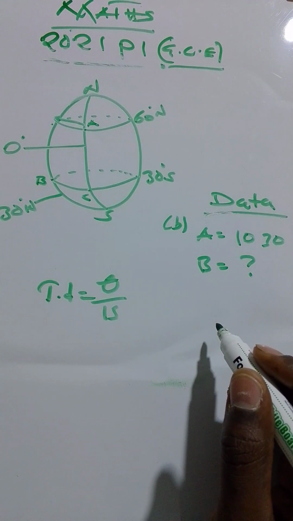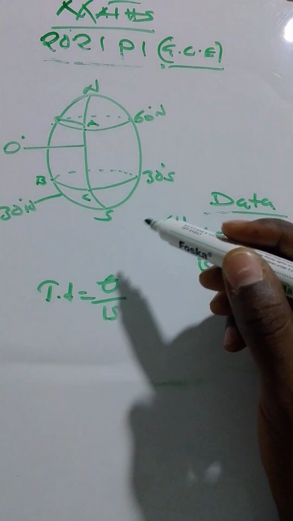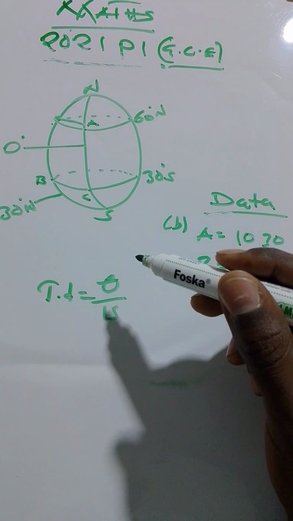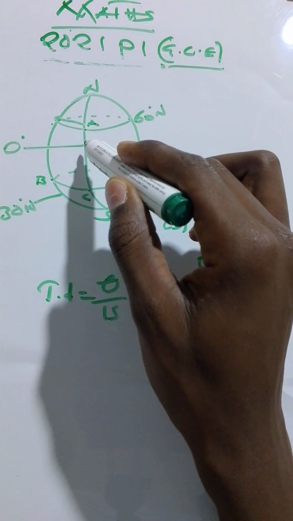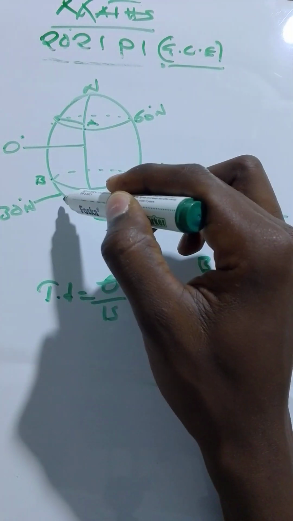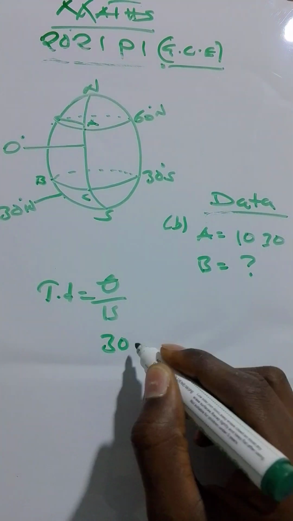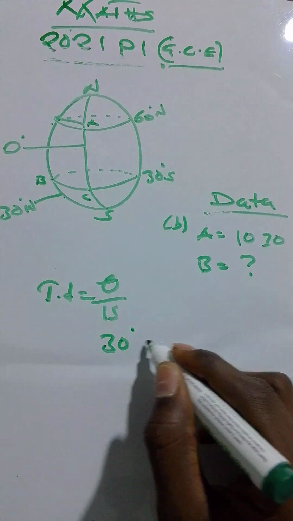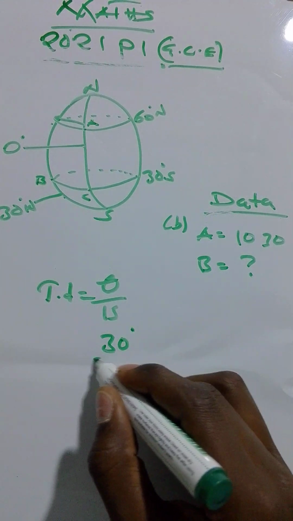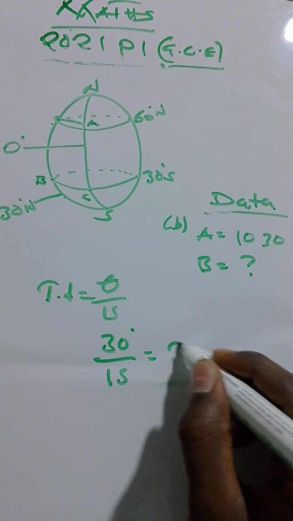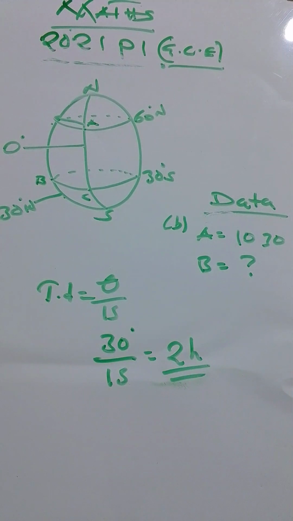Since we are calculating this time, our answer for theta will come from the longitude. Then we have 0 degrees, we also have 30 degrees. So it's 30 plus 0, which is 30 over 15, and we get 2 hours as our time difference.